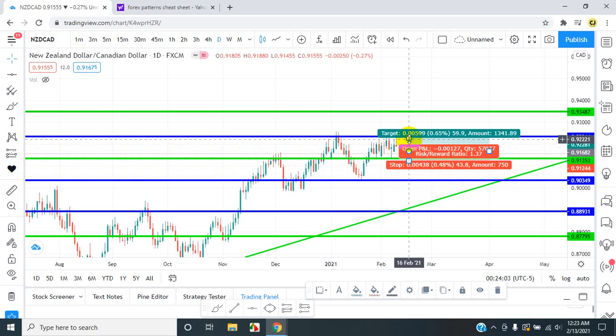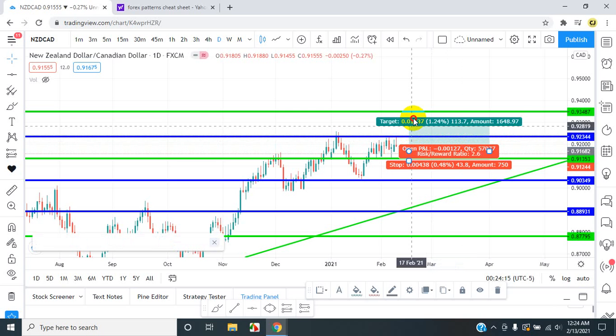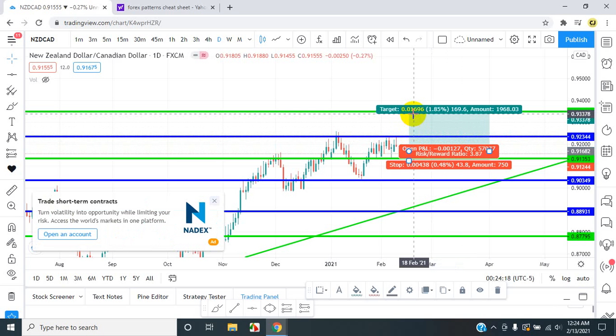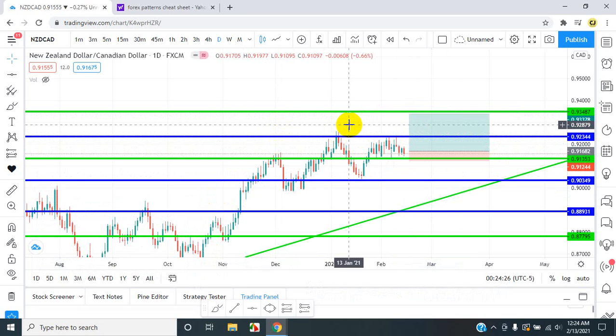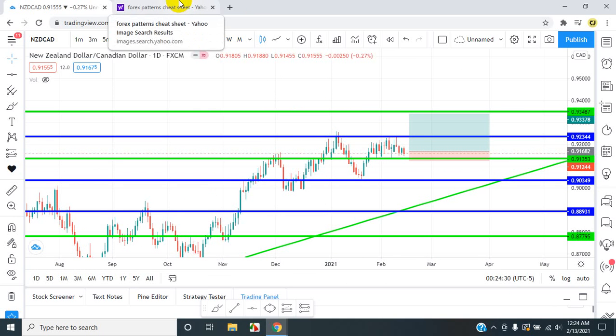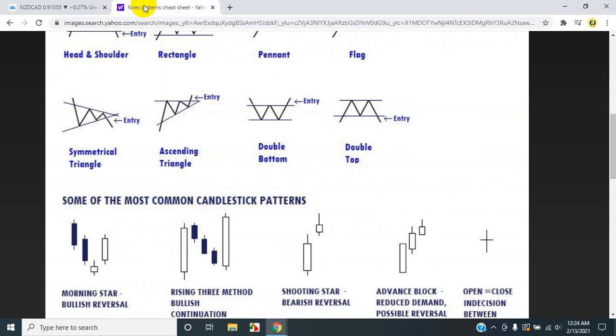If it goes forward and finishes that formation of the W, it will break up to the 59.9 TP, and then you can probably take it up further to the next level here for a total of 170 pips, if we see that W formation happen on CAD.